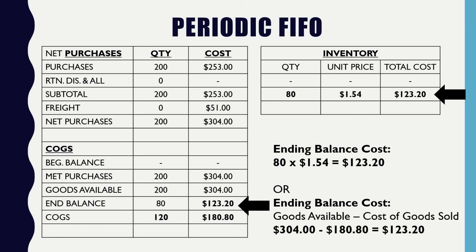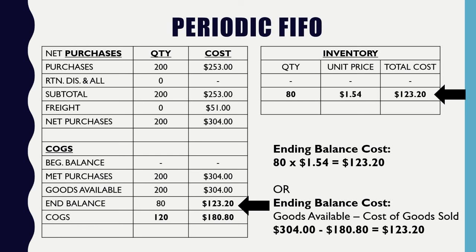Now, I'm going to review a second way of solving this, which is by looking at ending inventory. We know that we have 80 at the end of the day. Understanding how FIFO works, you should already know that your first batch that you purchased is going to be gone. You already know that, right? Just by understanding FIFO.